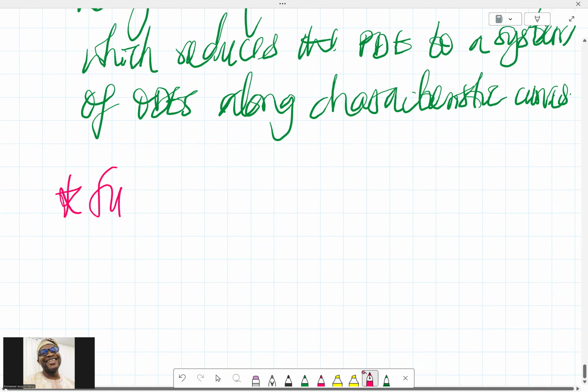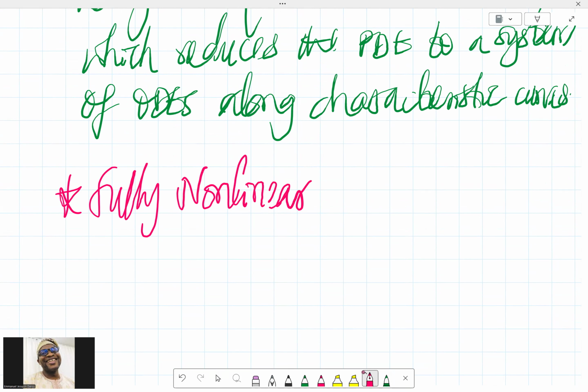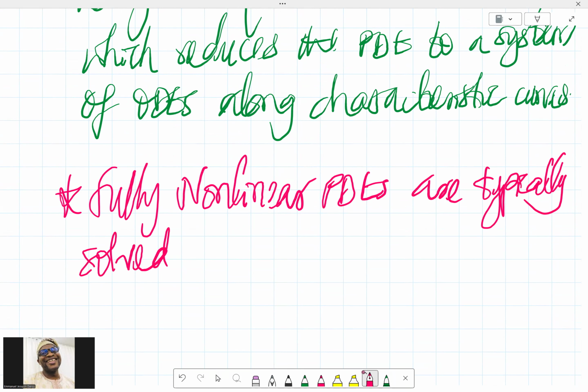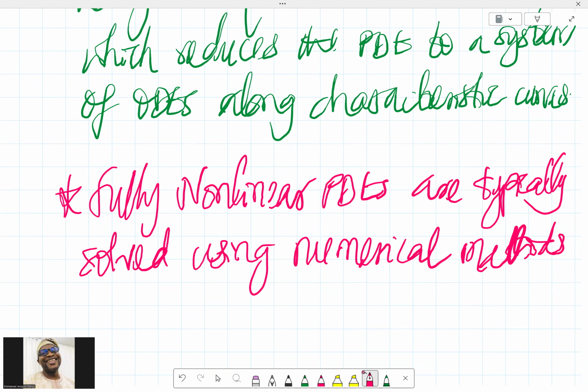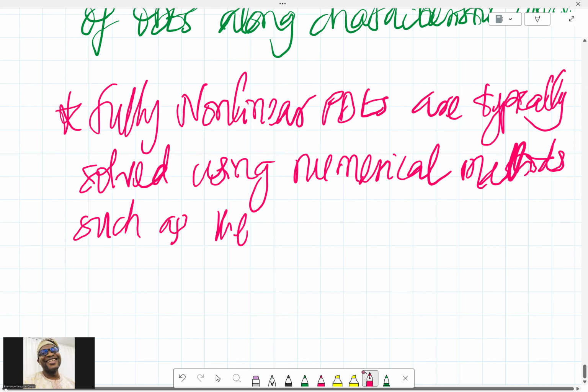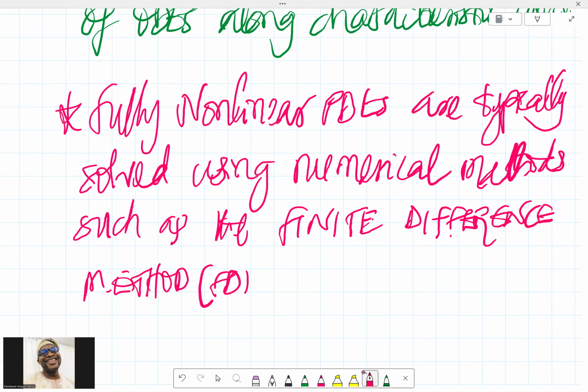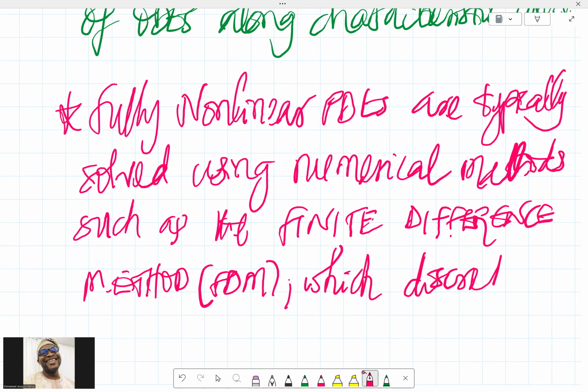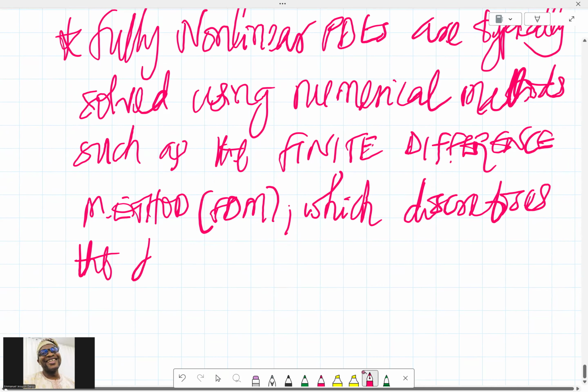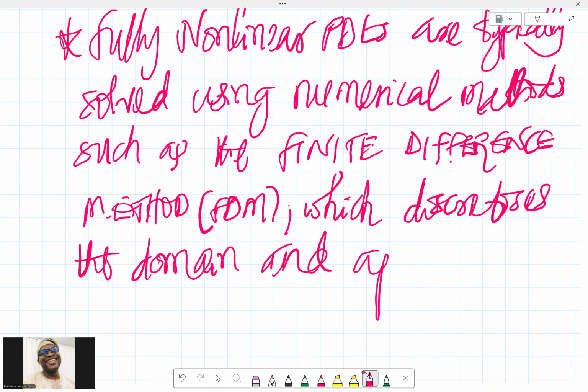Then we also know that fully nonlinear PDEs are typically solved using numerical methods such as the finite difference method, FDM, which discretizes the domain and approximates the derivatives.